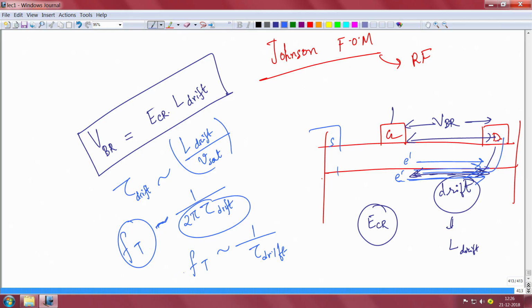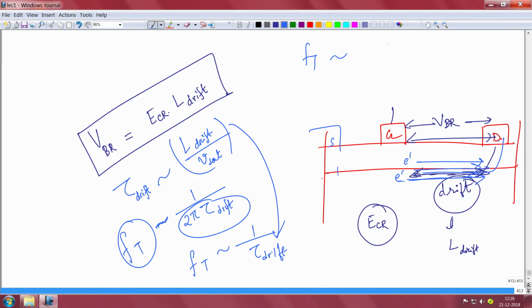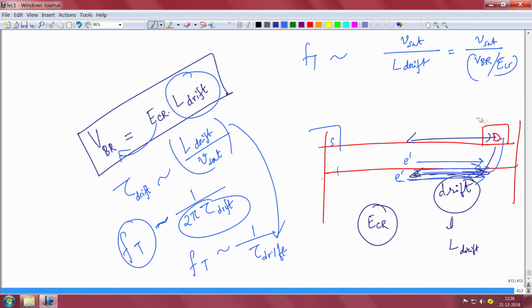Now, I will come again here. If I use this expression, then Ft is V sat divided by L drift, and I can put L drift from here as V breakdown divided by E critical. So Ft is V sat times E critical divided by V breakdown.